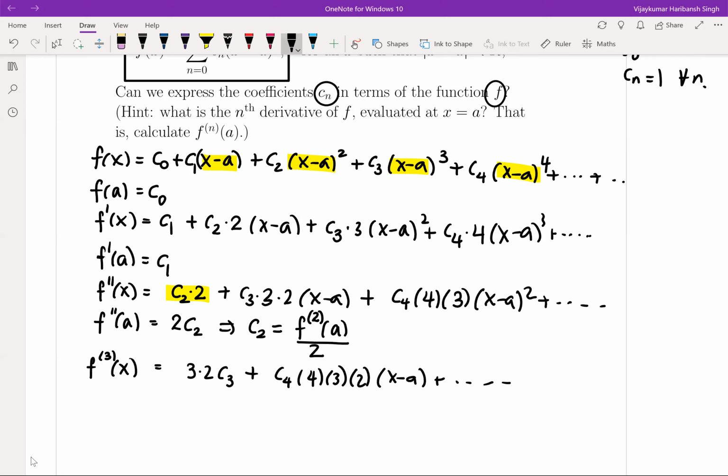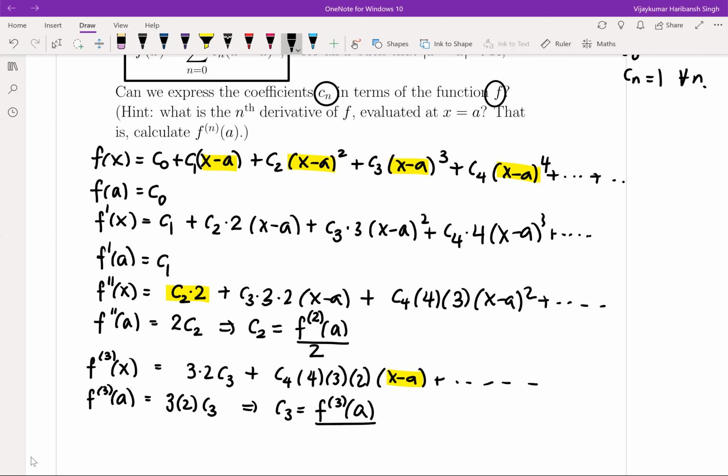All these terms have x minus a in them. So when you put a, these terms will become 0 because they have x minus a in them. So you get 3 times 2 times c3. This implies c3 equals the third derivative of f at a divided by 3 times 2.